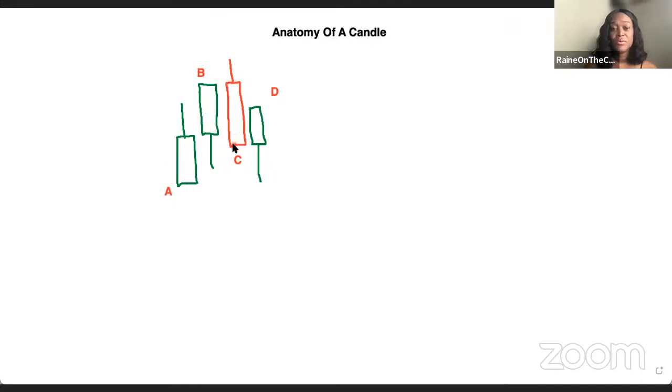Where does D open? At the close of candle C. Exactly. Wherever that candle closes, that's the open of the next candle. If you can just think of it like that, wherever the candle closes, that's the open for the next candle, because we don't know yet if it's going to be bullish or bearish.